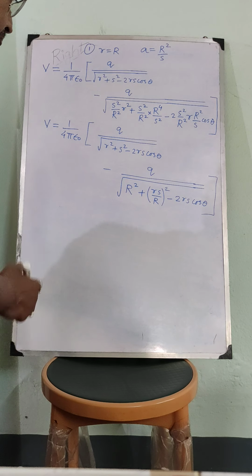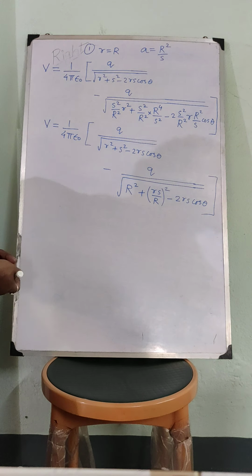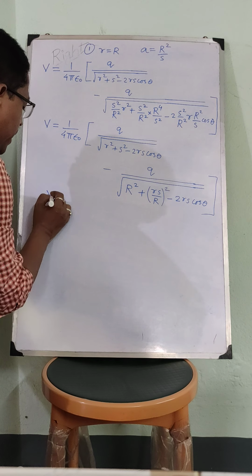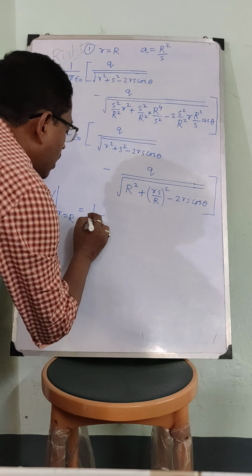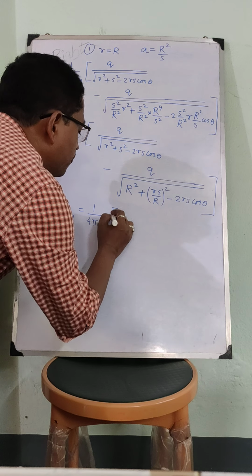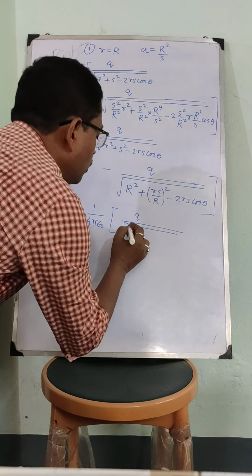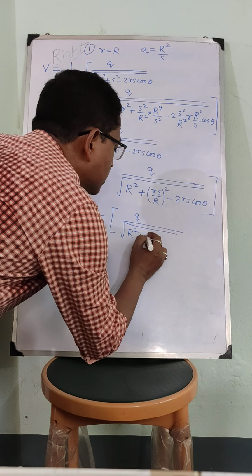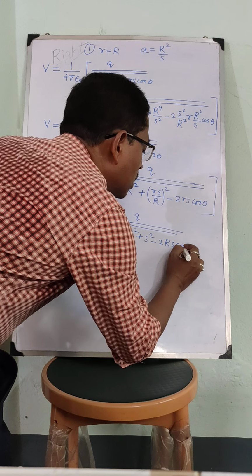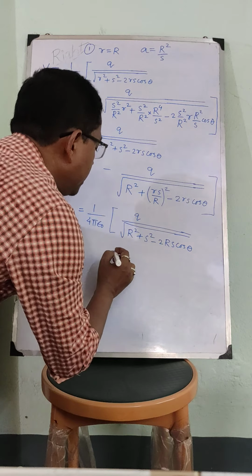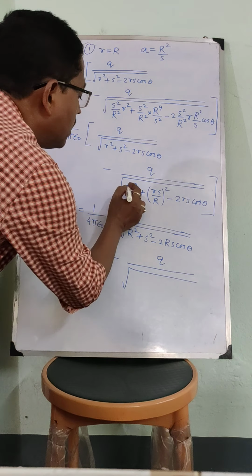So this is our expression of the potential, which we have written in terms of small r, small s, capital R and theta. Okay. Now let us put small r equal to capital R. So V at small r equal to capital R is equal to 1 by 4 pi epsilon 0, Q divided by root over, small r will be capital R, so R square plus s square minus 2 capital Rs cos theta, then minus Q divided by root over this R square.